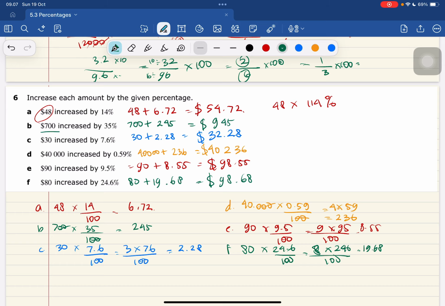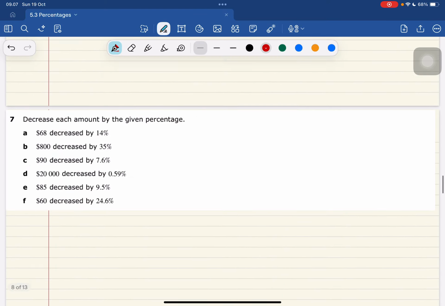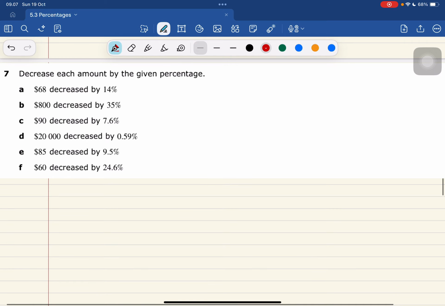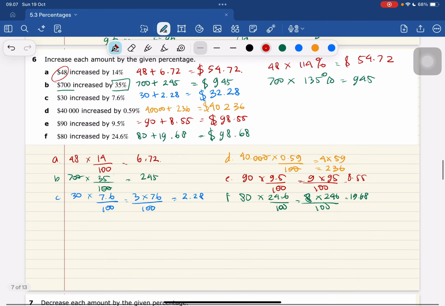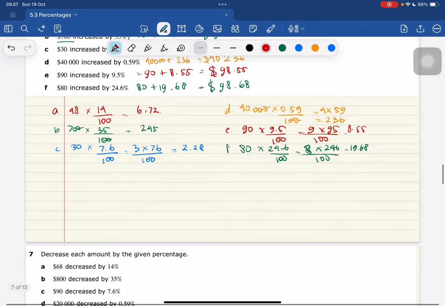Next for here, 35, so 700 times 100% plus 35 is 135 percentage. They will both give you the same answer. Okay, you can use your own way, the easiest. Now is decrease. I think we found it from here, 68. Okay, they are different.